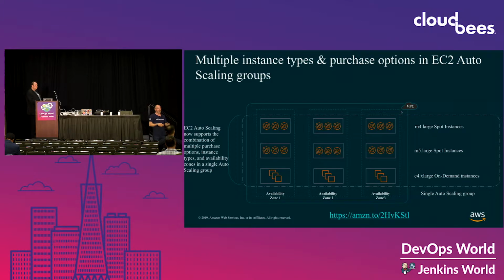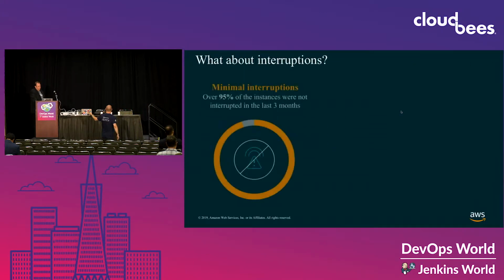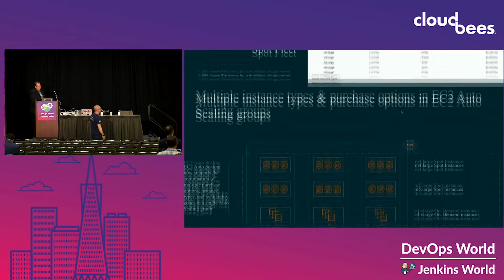So if you wanted to use 4 different instance types and then add Spot into that, you could wind up with a lot of different auto scaling groups to manage. Kind of a pain, right? So we fixed that, and now we can actually do this in a single auto scaling group.